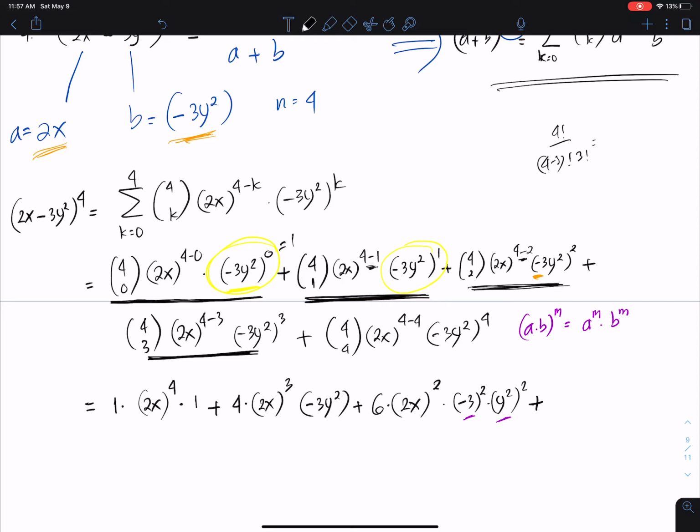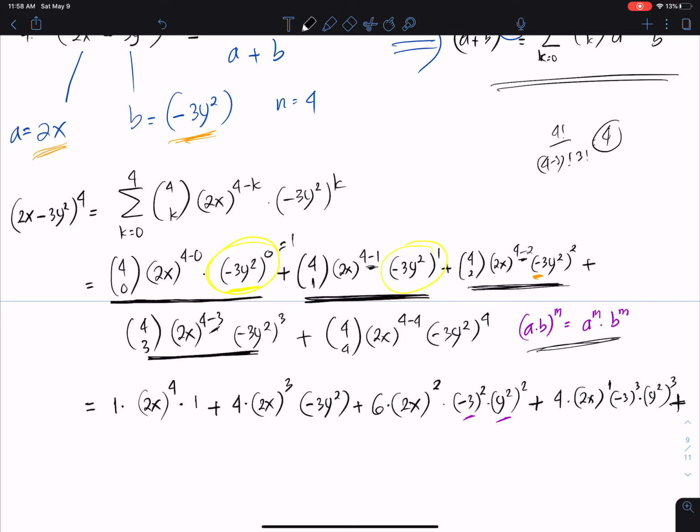So that will be 4. So 4 times 2x to the power of 4 minus 3, which will be 1. And then minus 3 to the power of 3, again using this formula, and then y squared to the power of 3. So that is done for the fourth term.